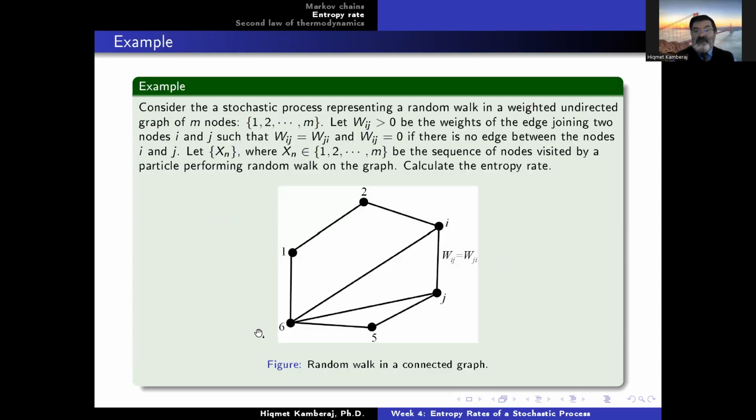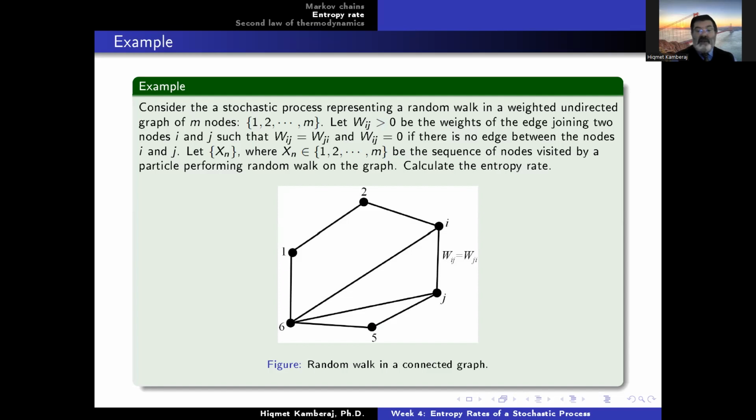Now consider another exercise. Consider the stochastic process representing a random walk in a weighted undirected graph with m nodes, let's say 1, 2, up to m. Let mu_ij be positive, greater than 0, and be the weights of the edge joining two nodes, let's say node i and node j. They are such that mu_ij is equal to mu_ji, and mu_ij is equal to 0 if there is no edge between nodes i and j.